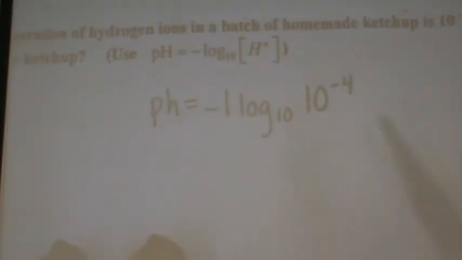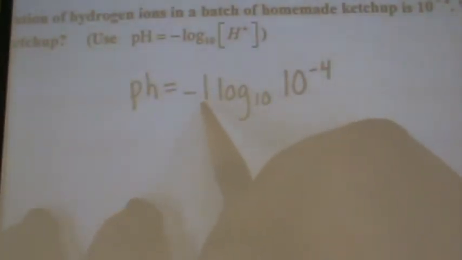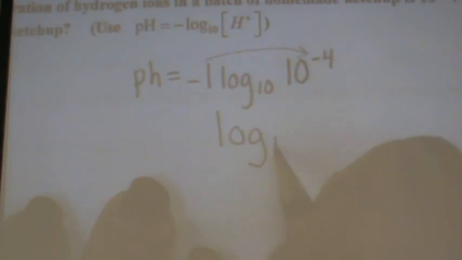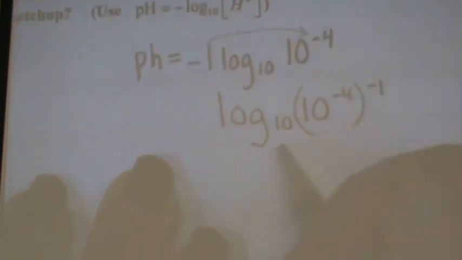Now, why is it 4, and I don't even have to use a calculator? See this -1? What is this -1 really? It's a power to a power rule. It's going to give you this, -4 raised to the -1. What do you do with these two right here? You multiply.